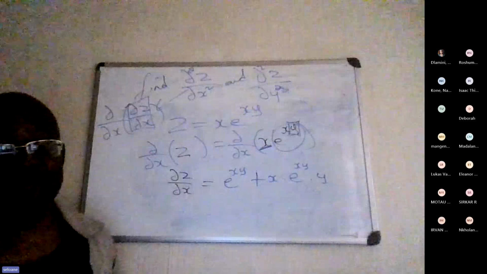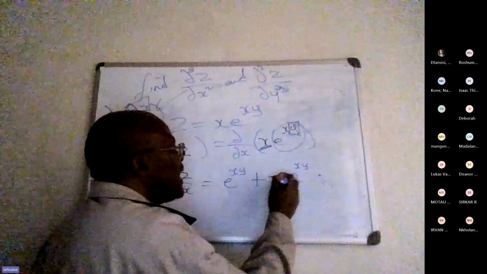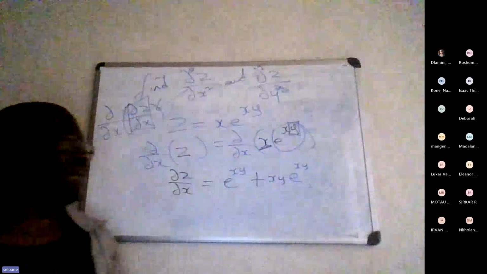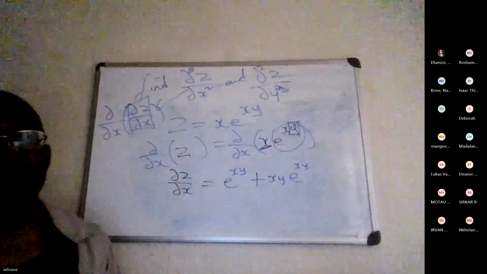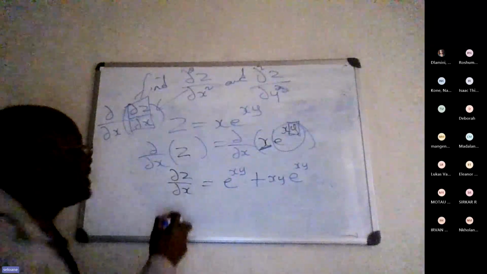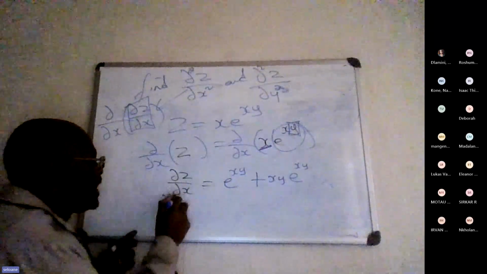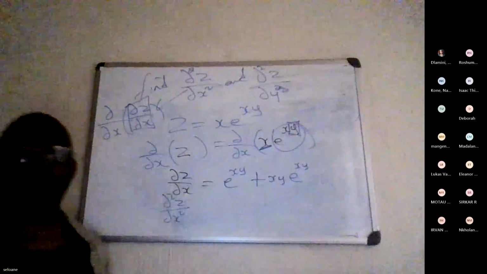It's like differentiating 3x. Which we can rewrite as xy e exponent xy. That's all. Any question thus far? If nothing, then what about this one now?